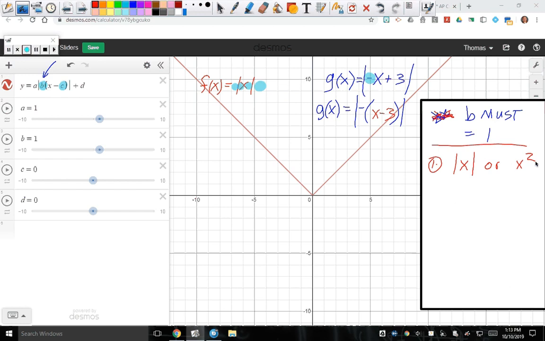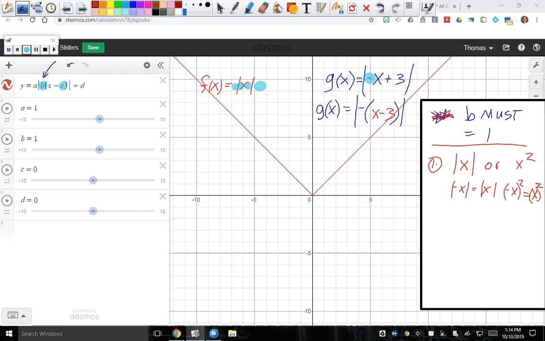And the reason why what I'm about to show you only works for these 2 is because the absolute value of negative x is the same as the absolute value of x. And also because the negative x squared in parentheses is the same as a positive x squared in parentheses. They're both the same values.